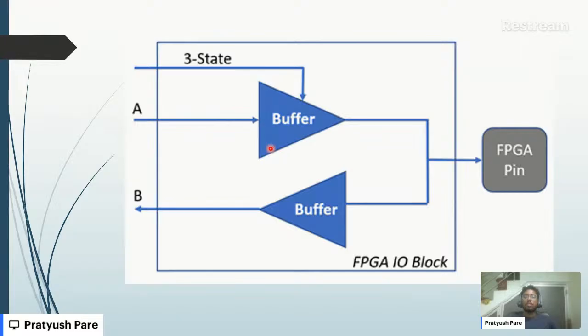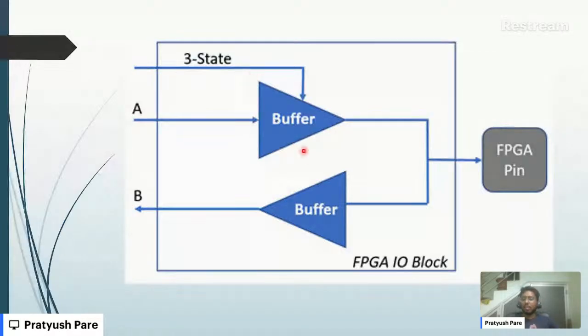Let's say you have an output or an input. Until your output is ready, or until you need the next input, you don't want the pins to get connected, right? So that's where the tri-state buffer comes into the picture.